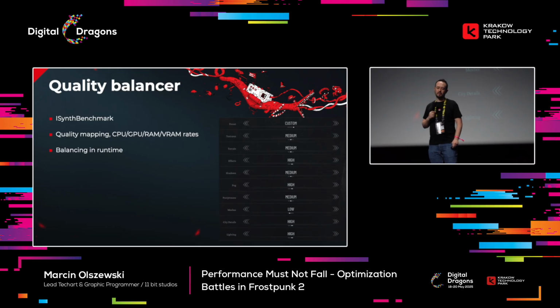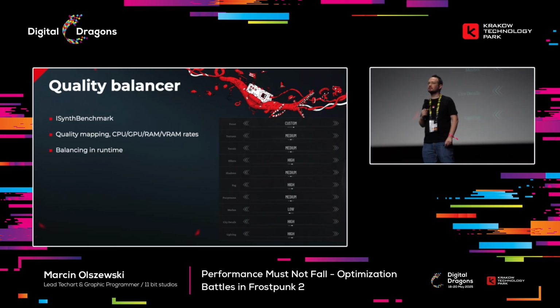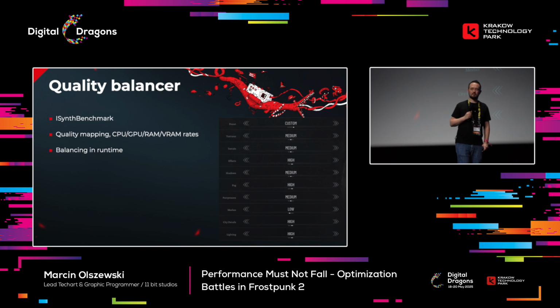No, we are checking how the device is performing, and that's totally all. There's an exception with Mac because this benchmark is not giving good results, but that's the only one. Another thing is that we are using quality mapping.